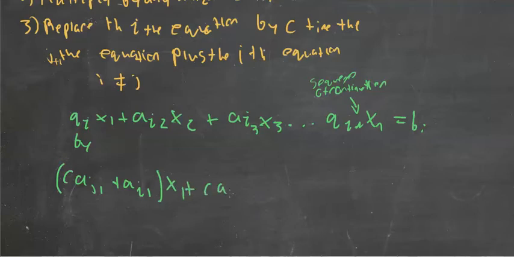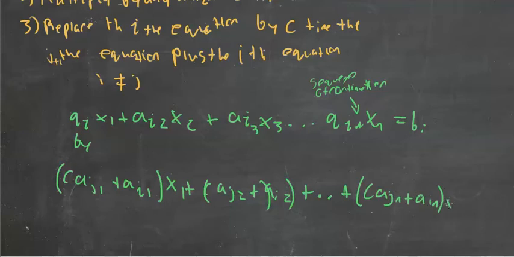What we'll get is c a_j2 plus a_i2, and that'll just continue in the same sort of way, where we get c a_jn plus a_in xn, and that'll just give us c b_j plus b_i.